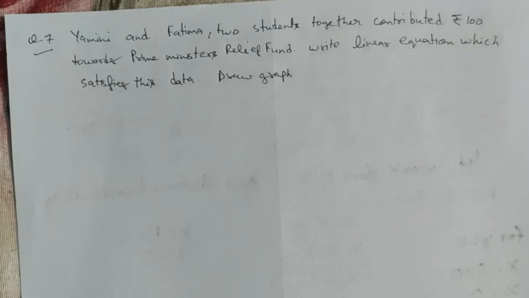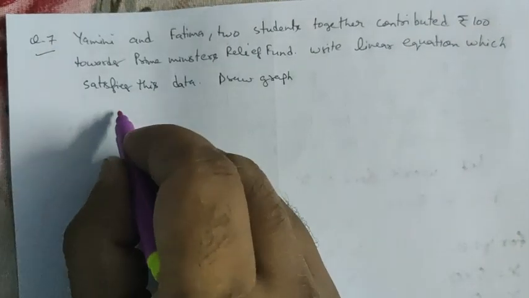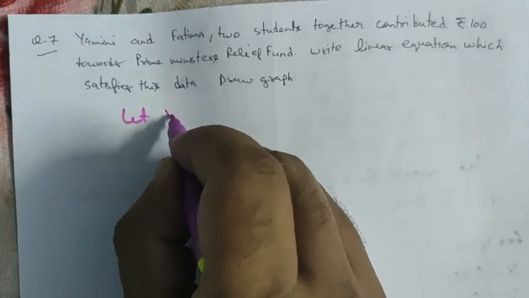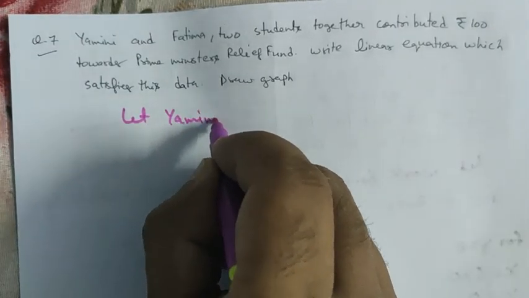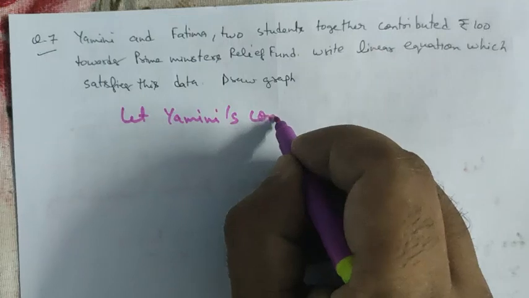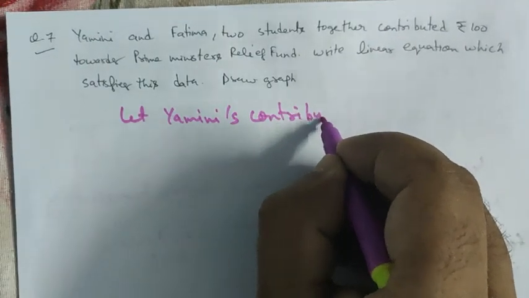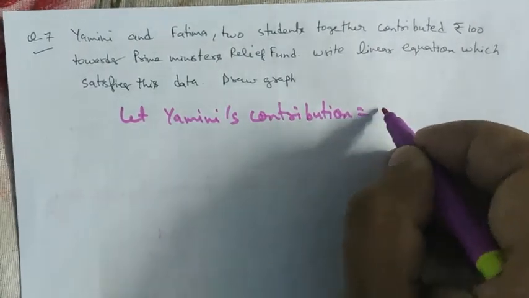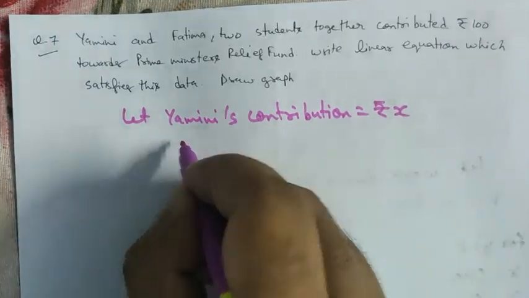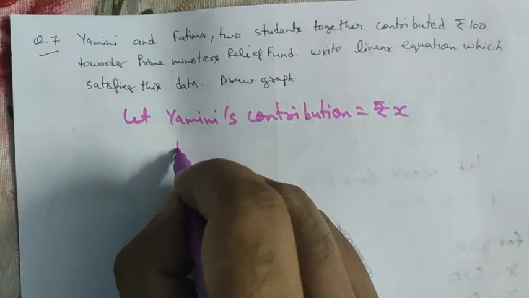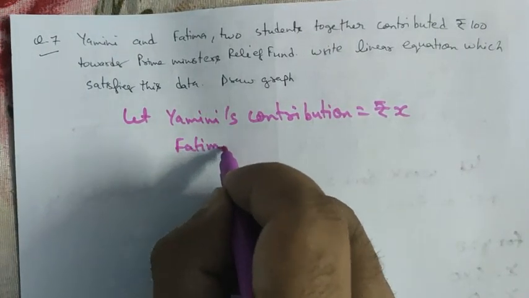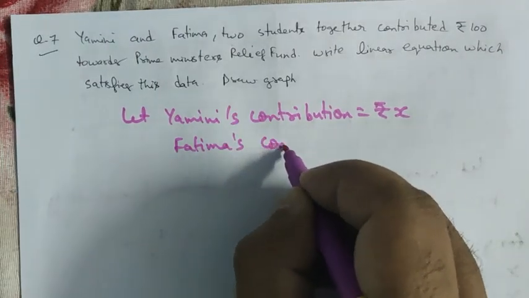Here it is given that Yamini and Fatima together contributed rupees 100. So let Yamini's contribution equal rupees x and Fatima's contribution be rupees y.